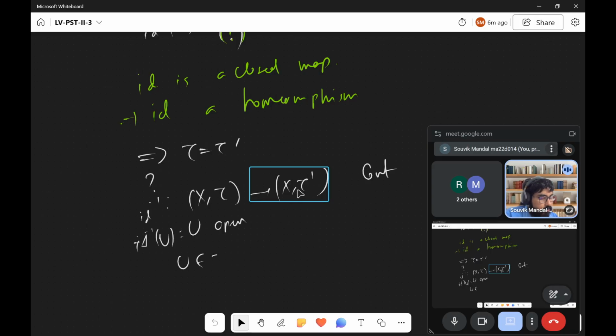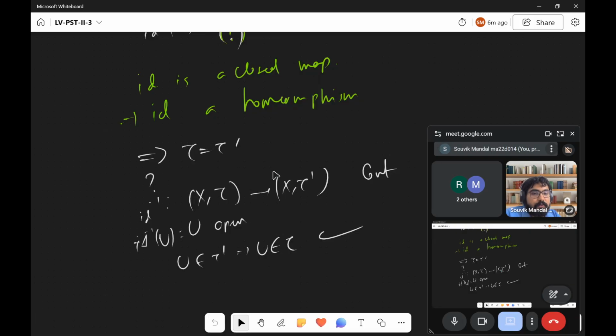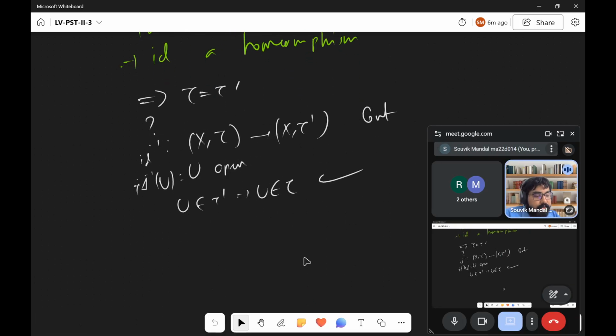So U belongs to tau prime, so tau prime equals tau. Correct. So that means in a compact Hausdorff space, if the topologies are comparable, then they have to be equal. That's the moral of the story.